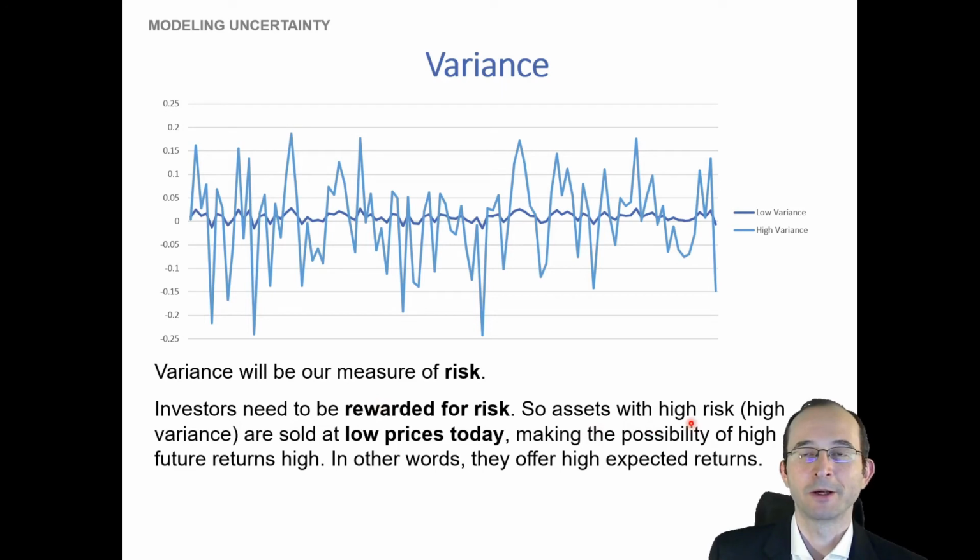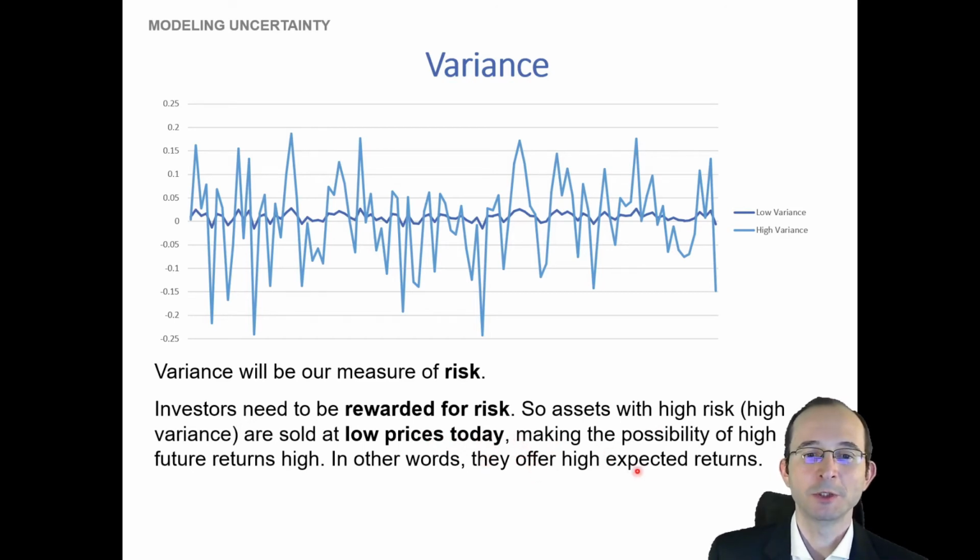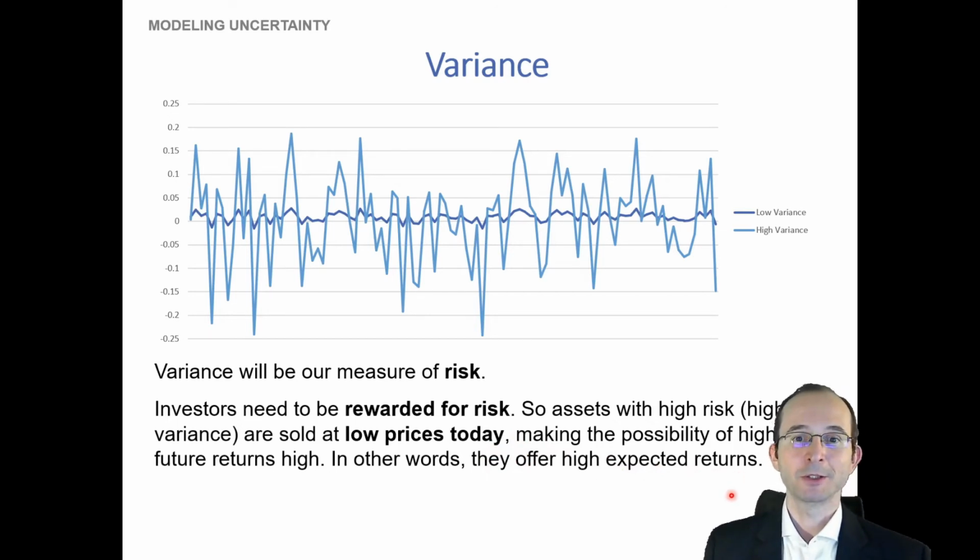Which means that you can either have an asset with high risk sold at a low price today, or, I suppose as a consequence of that, it achieving a much higher price in the future. So if an asset is high risk, we should expect it to have high expected returns, simply because that's what it would take for somebody to actually want to hold it.